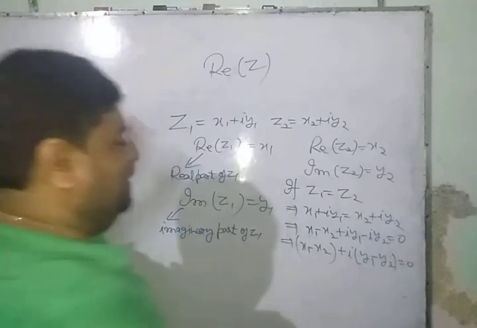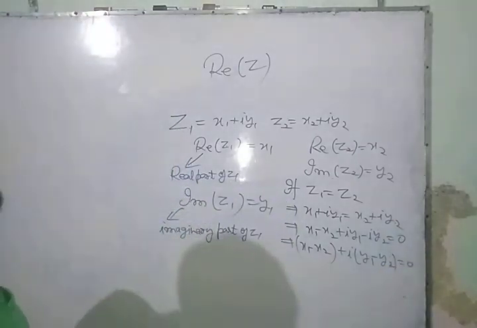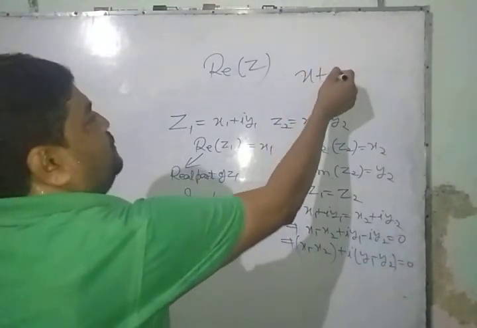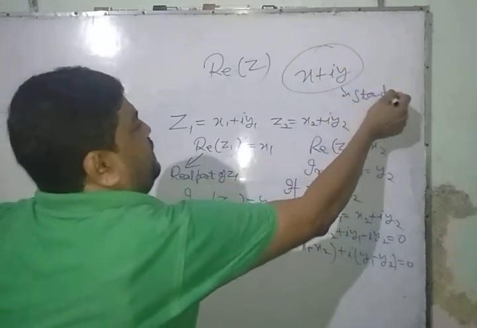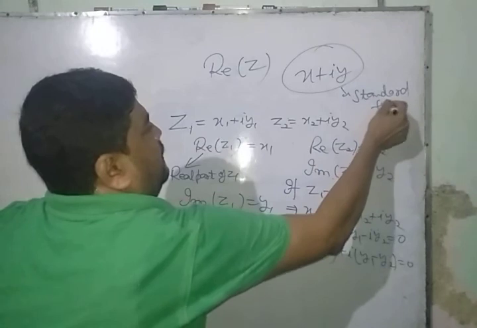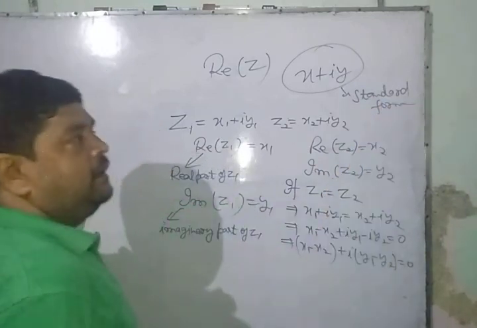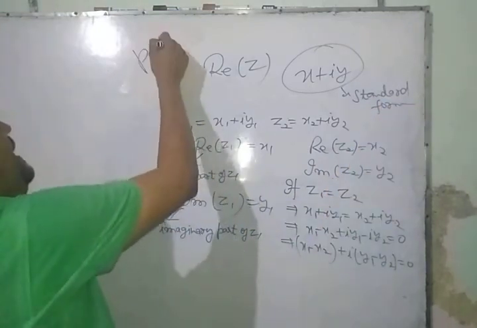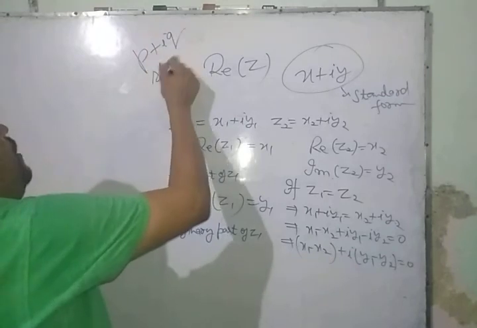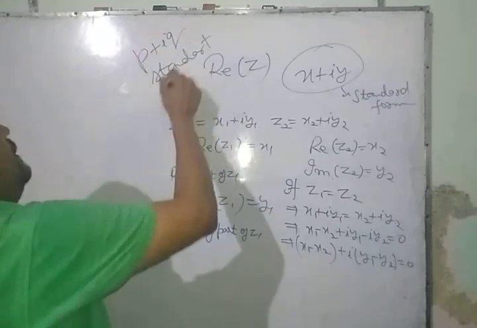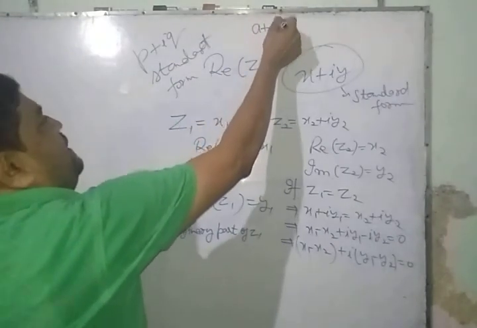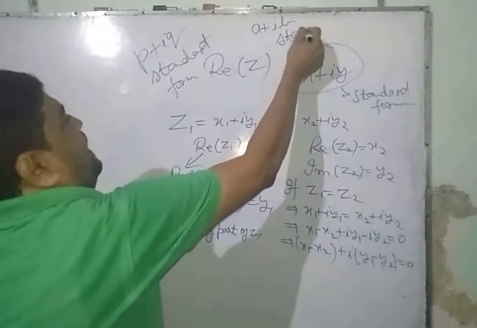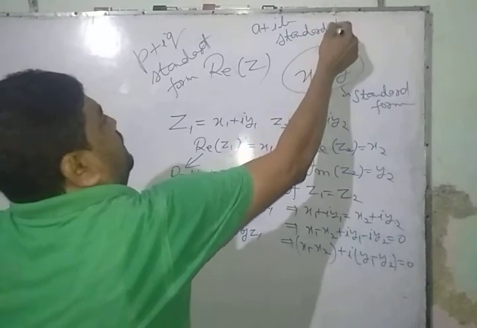Now this is again in its standard form. What is standard form? x plus iy is the standard form of any complex number. p plus iq, a plus ib, these are all standard forms of a complex number.